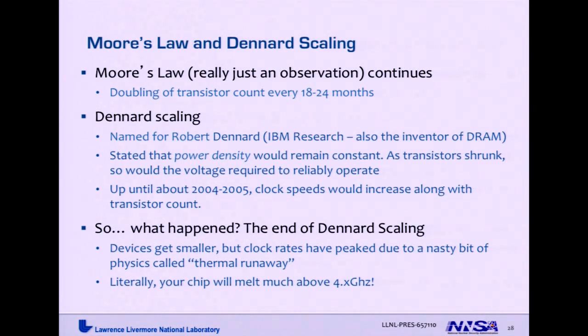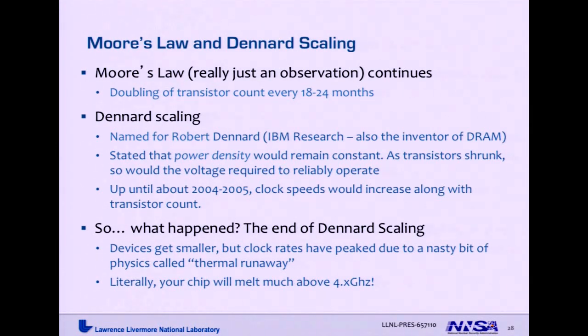Robert Dennard was an IBM researcher, best known for inventing DRAM, dynamic random access memory, the standard memory that we use in pretty much any computer these days. But he also came up with a theory and a set of equations stating that the power density on these chips per transistor would remain constant.